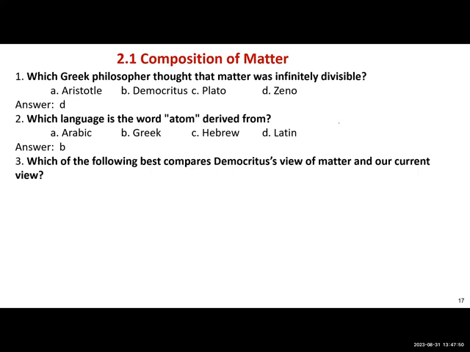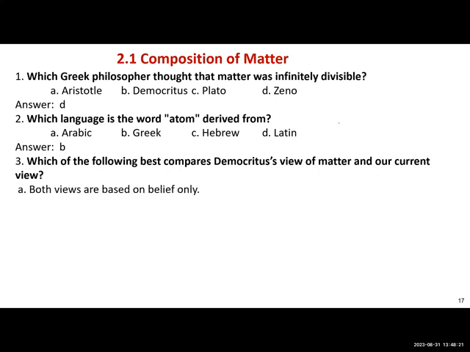Which of the following best compares Democritus' view of matter and the current view? Now, current views are based on observations or experiments. Philosophical views are coming from belief. We don't base our theories only on belief.